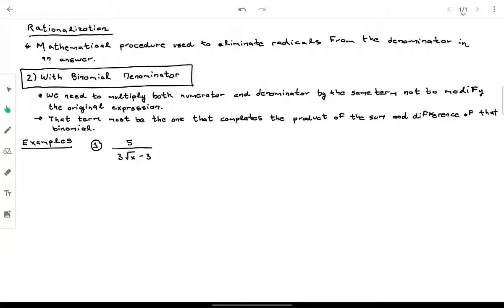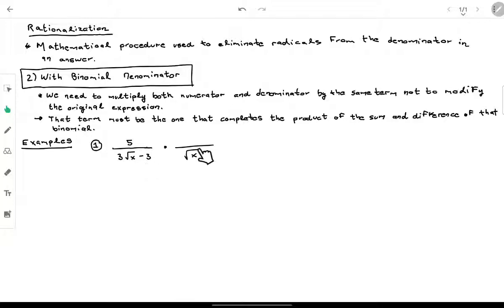What happens in this case if we only multiply by something that completes my root? Imagine I'm only completing the root and I only multiply by the square root of x. Of course, on the first term, it will be 3 outside, and on the inside of the root it is going to be the square root of x multiplied by the square root of x, which is the square root of x squared, and it will be possible to get it out.